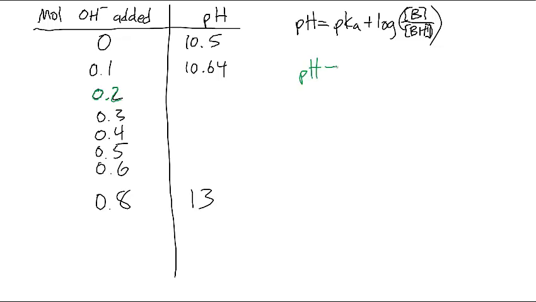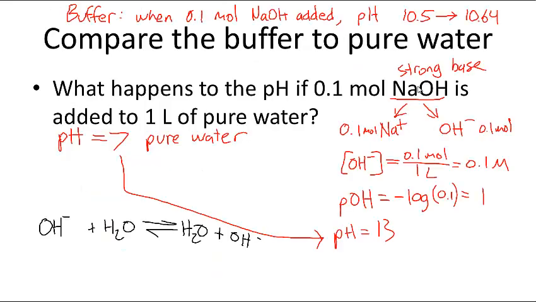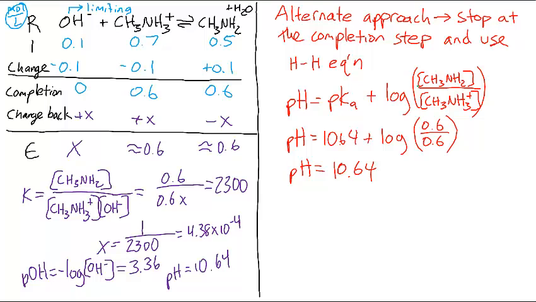Without writing out the Rice chart, this is 10.64 plus the log of, all right, if my numbers had been 0.2, without writing a new Rice chart, CH3NH3 plus would have gone from 0.7 down to 0.5. CH3NH2 would have gone from 0.5 up to 0.7.